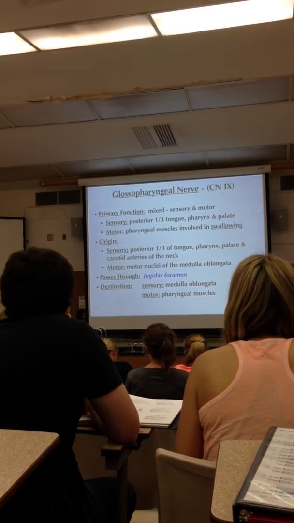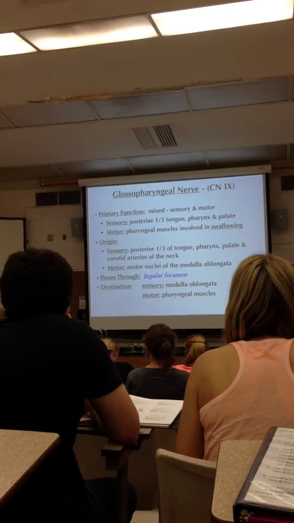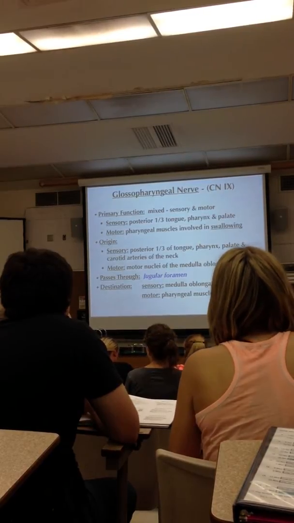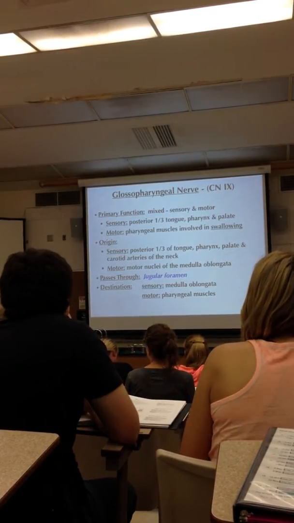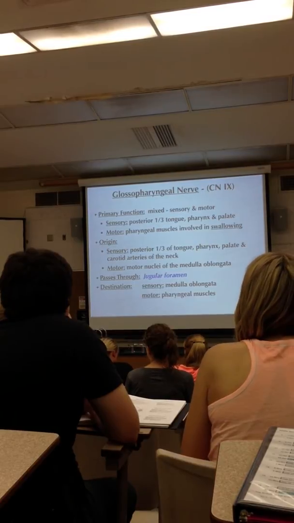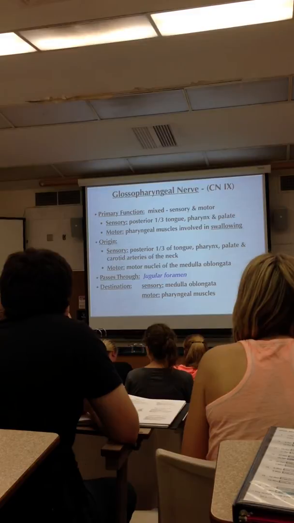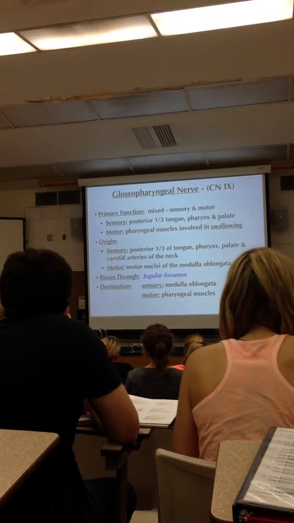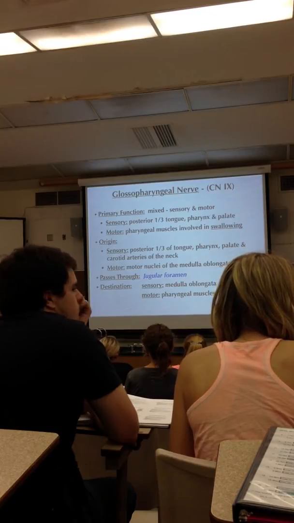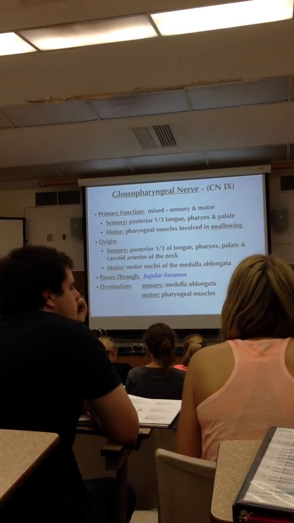And so this is a mixed nerve, and it's picking up that posterior 1/3. Remember, the facial got the anterior 2/3, and plus sensory in the back of the throat in essence, okay? The palate and the pharynx. And so that's the sensory part. The motor part is going to be for some of those pharyngeal muscles for swallowing.